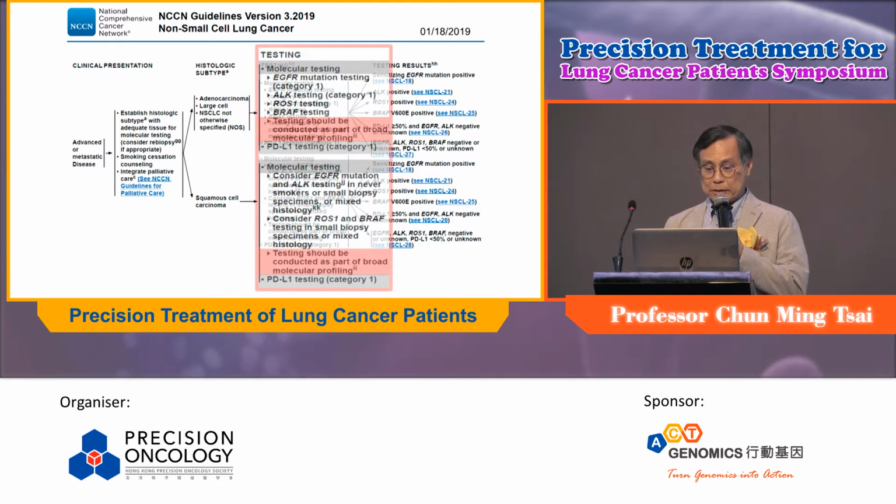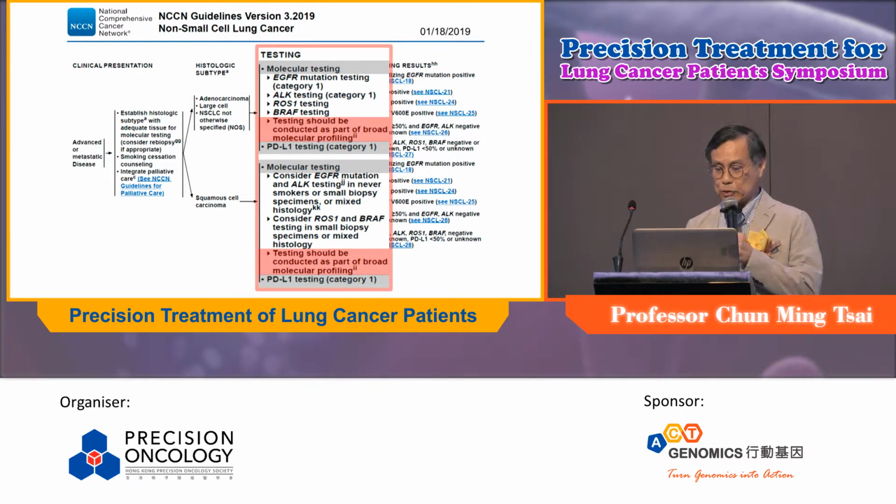So in the NCCN guideline, I just mentioned two tests. One is the molecular test, one is the test for PD-L1. For the molecular test, we can test EGFR, ALK, ROS1, BRAF and TRK.